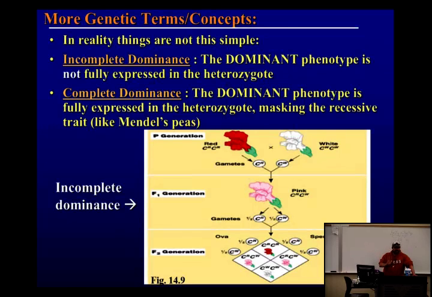Okay, let me back up. So this would be red, right? So if we do the monohybrid cross, we cross two pinks. What would you expect this outcome ratio to be of their offspring? The phenotype for the monohybrid cross is what? 1 to 1. The phenotype. 3 to 1. 3 to 1.